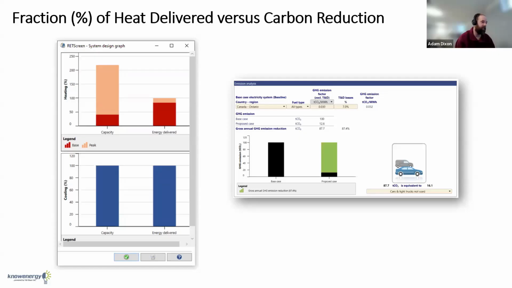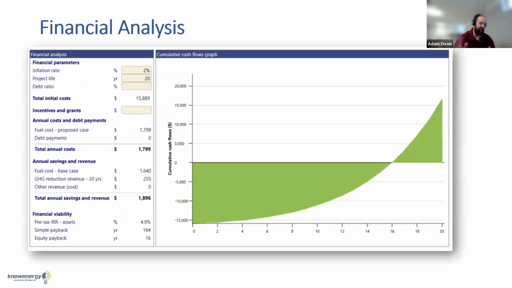Depending on the financial case, prices, and work, RETScreen allows you to play with different scenarios to get the right situation for your organization. So that's how you do the whole facility.